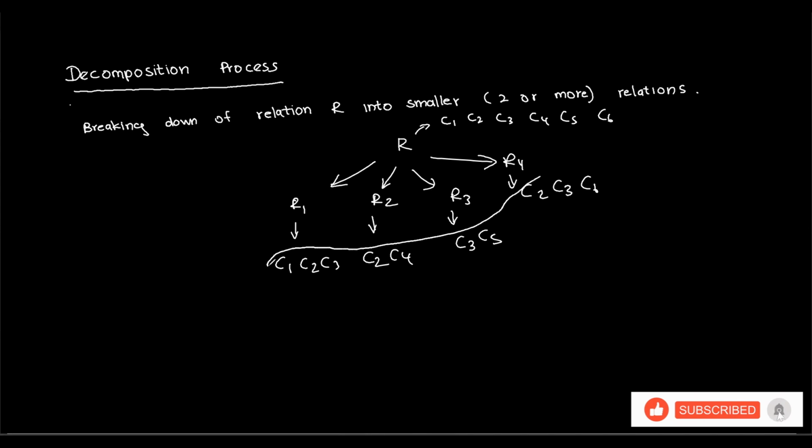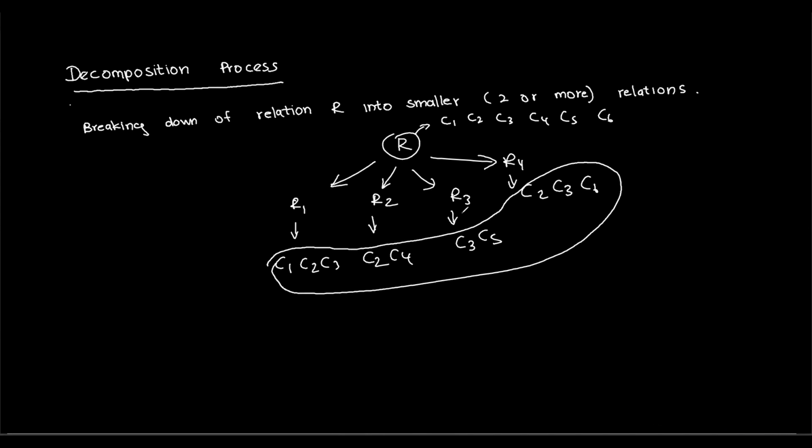Together, they cover all the attributes in relation R. So that's very important: the smaller relations should cover all the attributes in relation R.